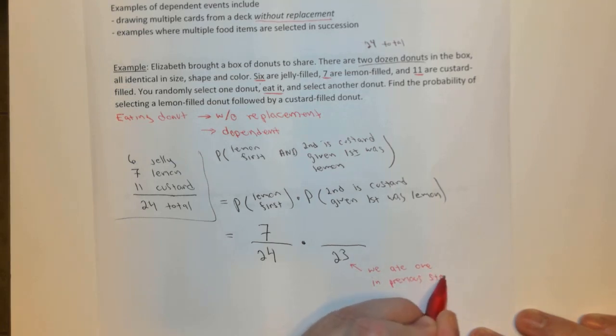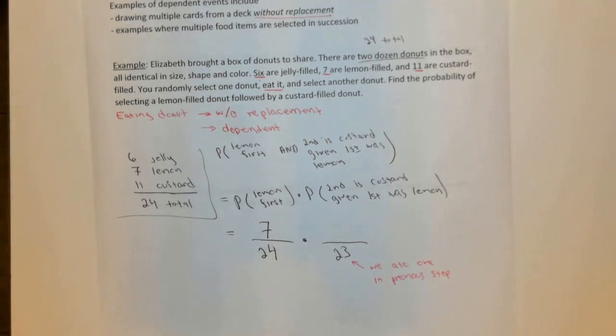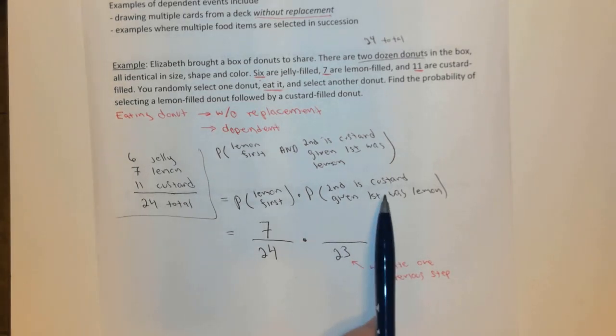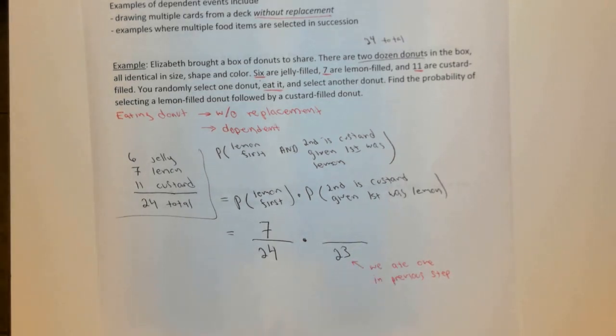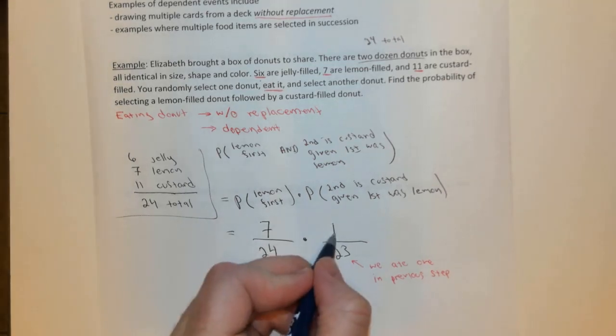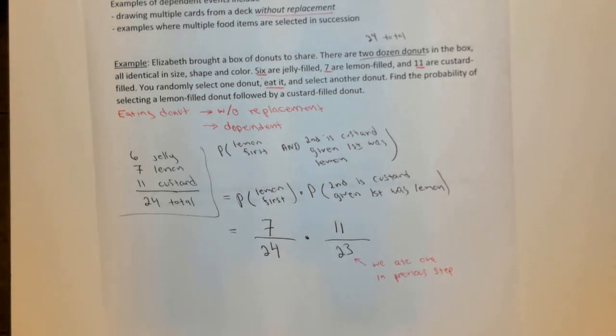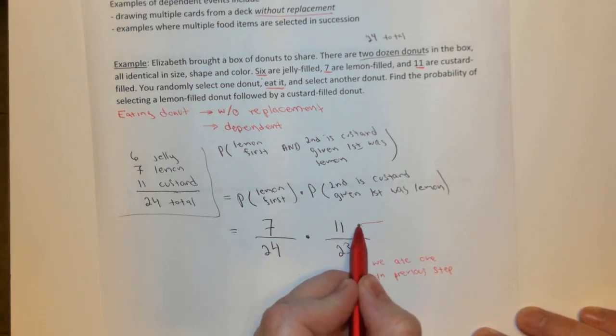Okay, so you might write that down just for your understanding. Now, the second one is going to be custard. How many custards do we have left? Well, we never ate a custard, but go ahead and write that down.